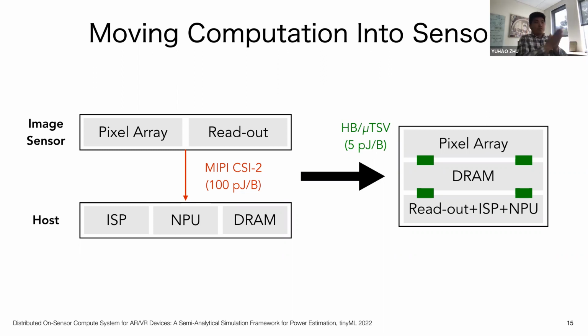What we're moving towards is what's on the right, die-stacked image sensors with multiple layers. In one form, you have a pixel array layer that is responsible for capturing photons and transforming them to electrons and pixels, which is what camera sensors conventionally do. You can also have a DRAM layer to buffer data, and then push some of the computations into the sensor with a computation layer on which you can have some simple image signal processing and even neural network accelerators.